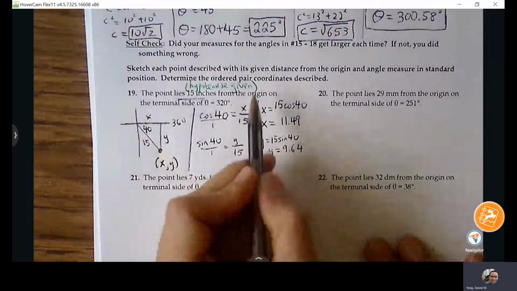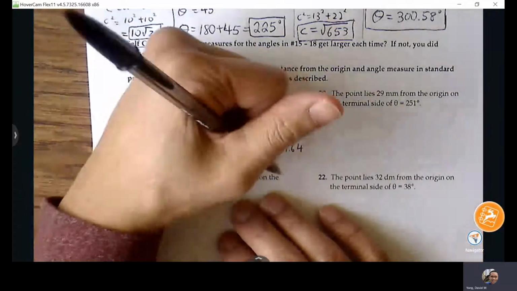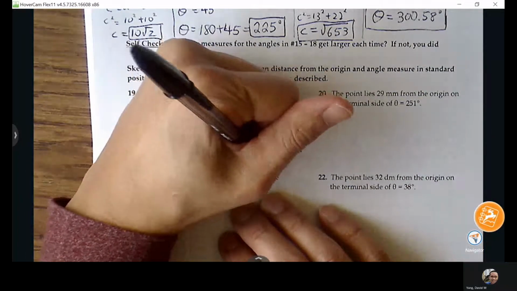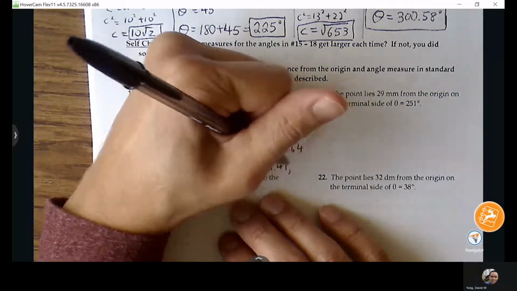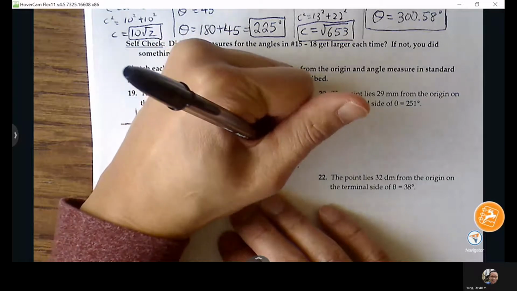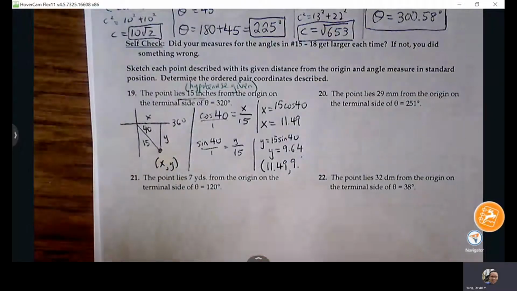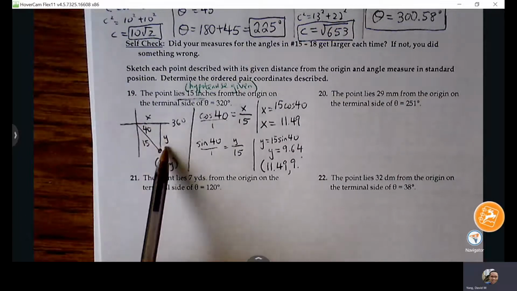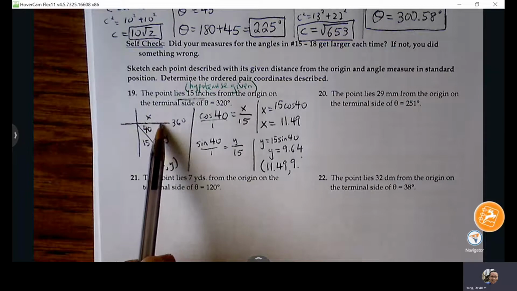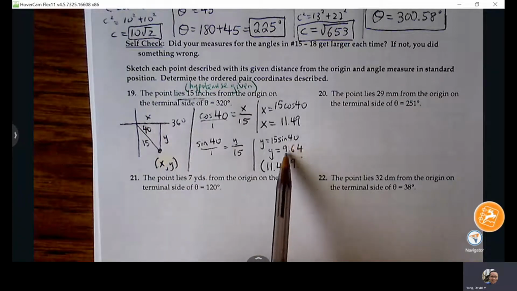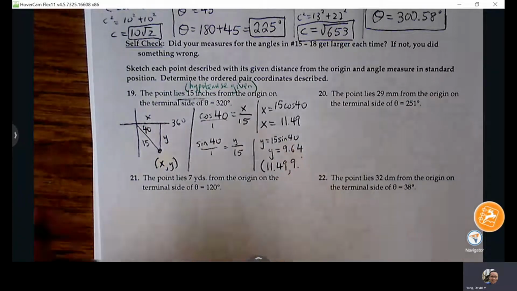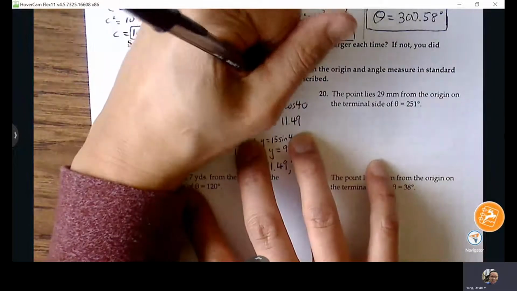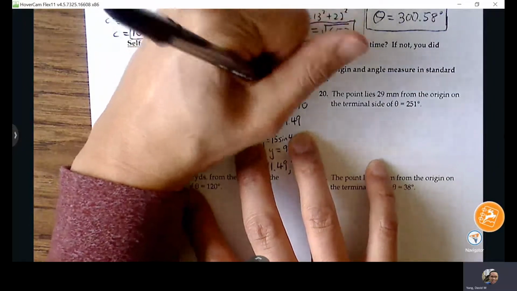It says determine the ordered pair. So just take your x and y and put it in ordered pair form. But we need to make sure that our ordered pair is consistent with the fourth quadrant. Fourth quadrant has what? Positive x and what? Negative y. So we got to make an adjustment to put that ordered pair in the appropriate quadrant.